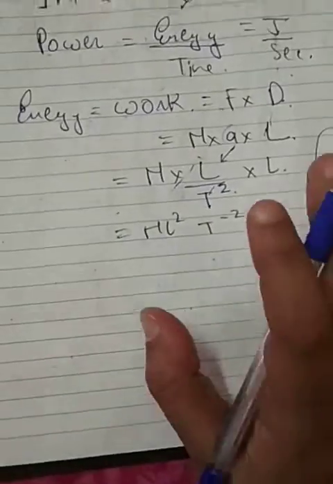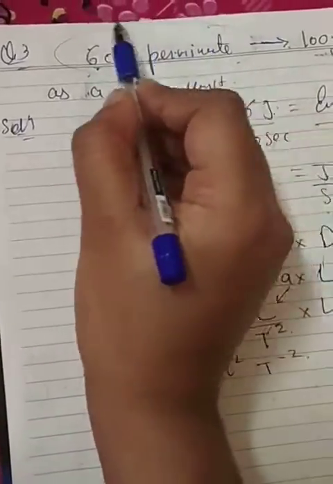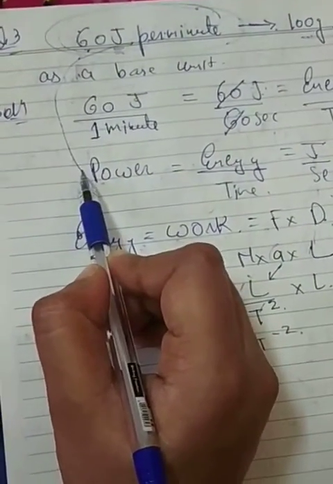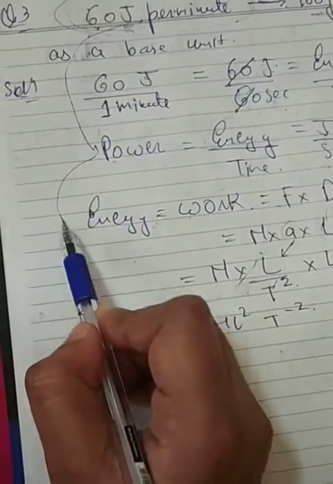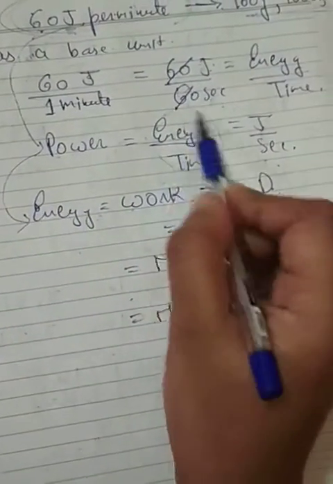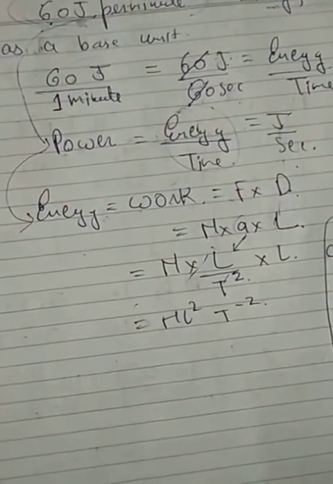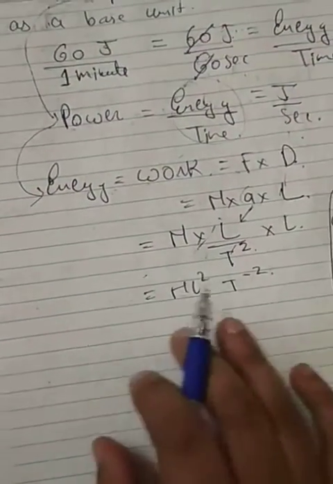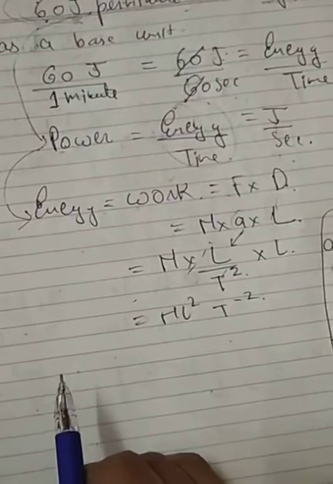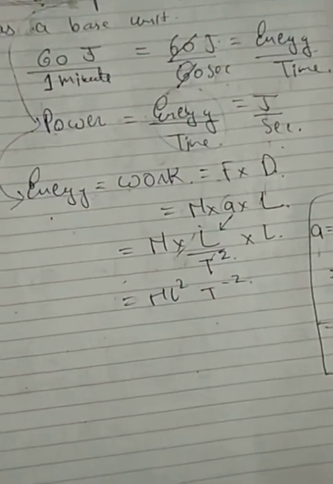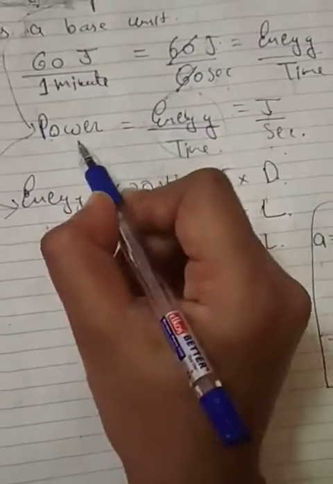Okay, good. So we split 60 joule. We first find what this 60 joule per minute implies, that is power. We want power in terms of MLT. We have found the energy in terms of ML²T⁻² dimension, but we want power.